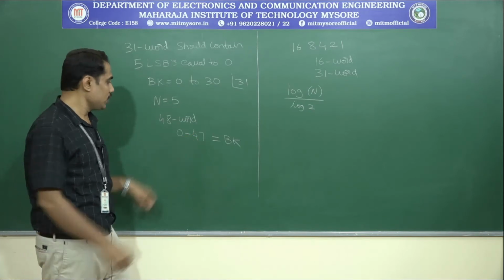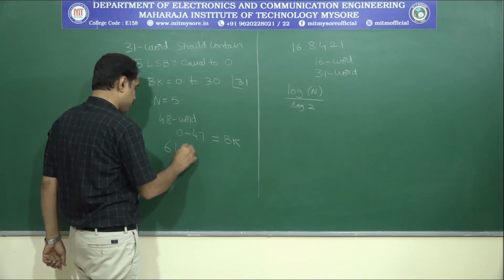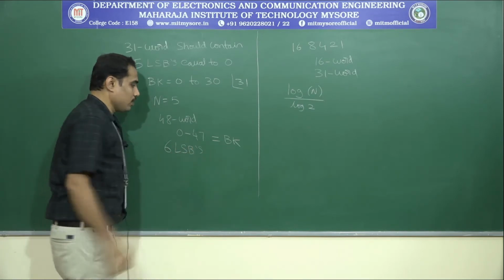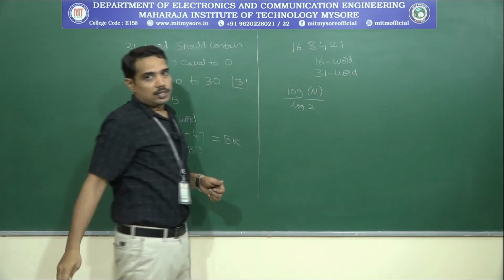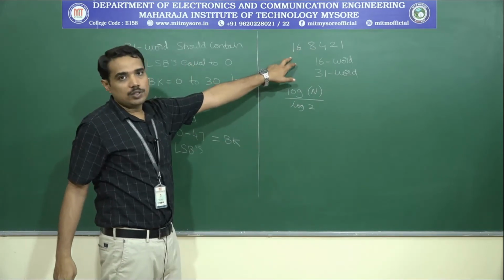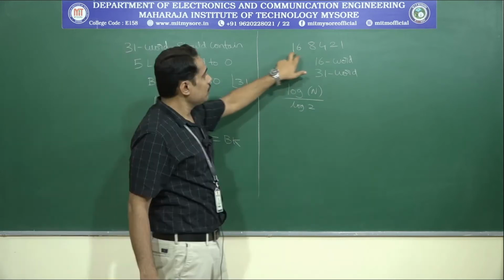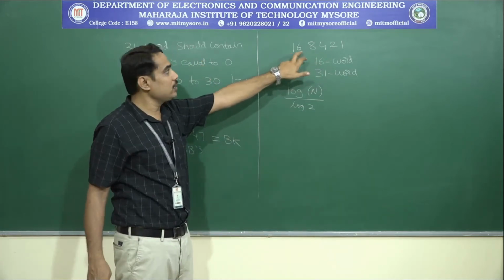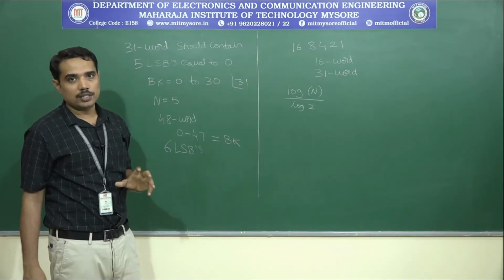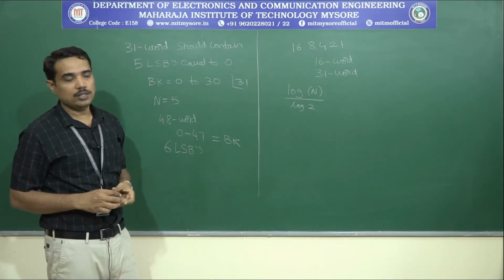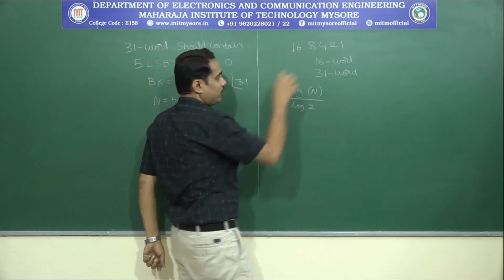For this case, it is 6 LSBs. Why 6? Here I can start from 0 to 31. Using this code, that is the 168421 code, I can represent the highest value, that is 32. If you start from 0, the highest value becomes 31.